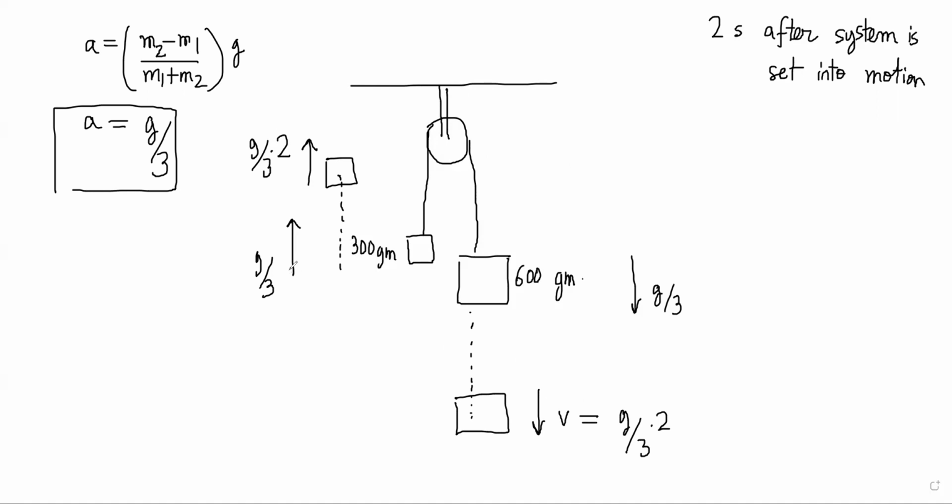But at this moment you stop this block. You catch it and you hold it. So if you hold it right now, you have cancelled this velocity and converted it to 0 for a moment. But what will happen to this? This will not stop.